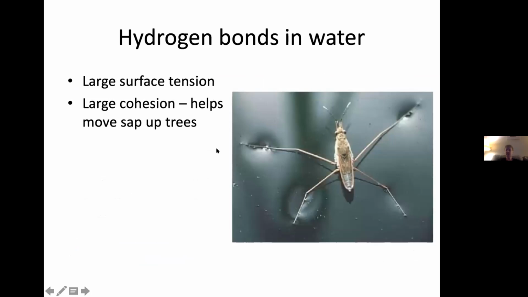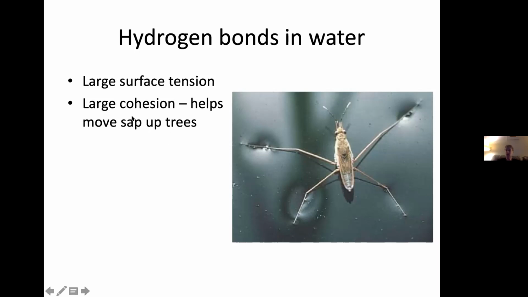One of the other things that happens because of those hydrogen bonds is there's large cohesion between the water molecules. So there's a large surface tension on water. And here we have a picture of an insect on the water. And you can see that even though this is a very light organism, it's clearly making an indent in the water, and that changes the surface tension and allows the water to support the spider's weight.